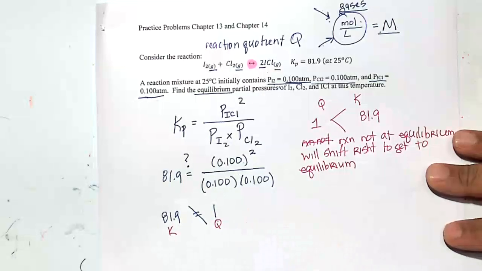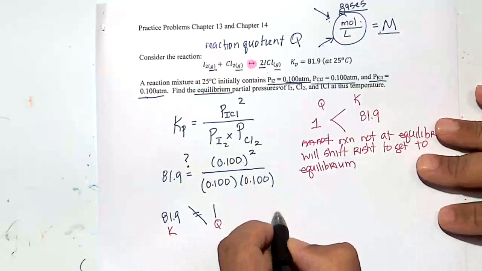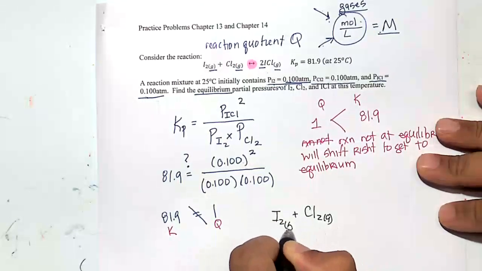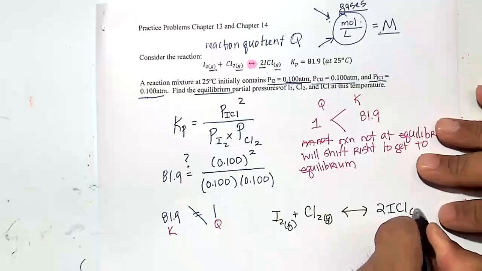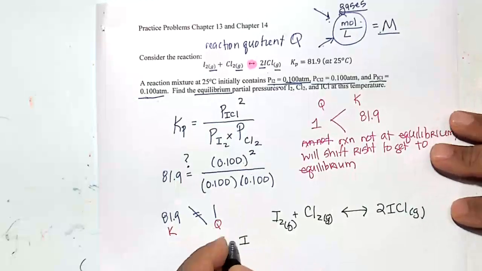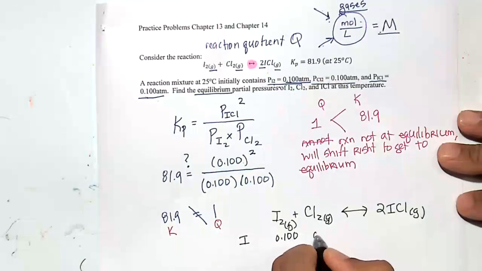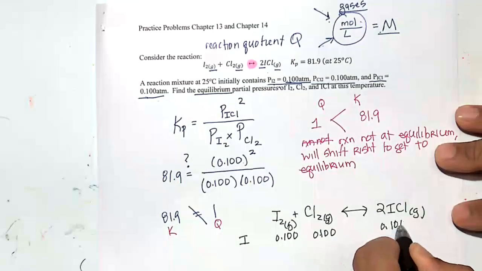Now we will use our ice table with this shifting to the right. I2 plus Cl2 to ICl. Initially we have 0.10, 0.10, and 0.10.